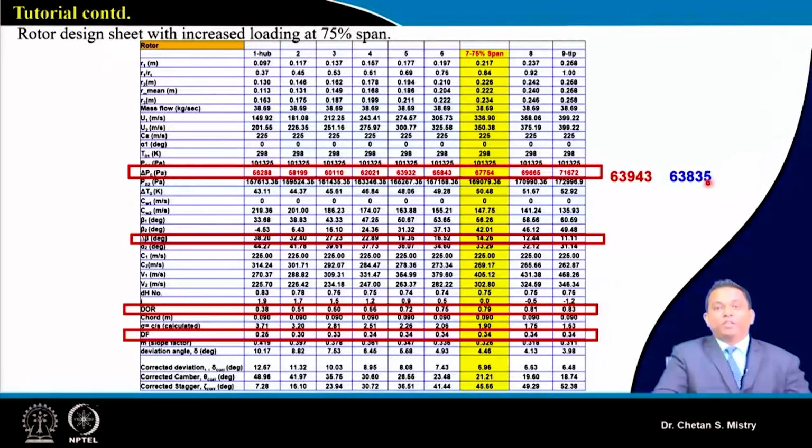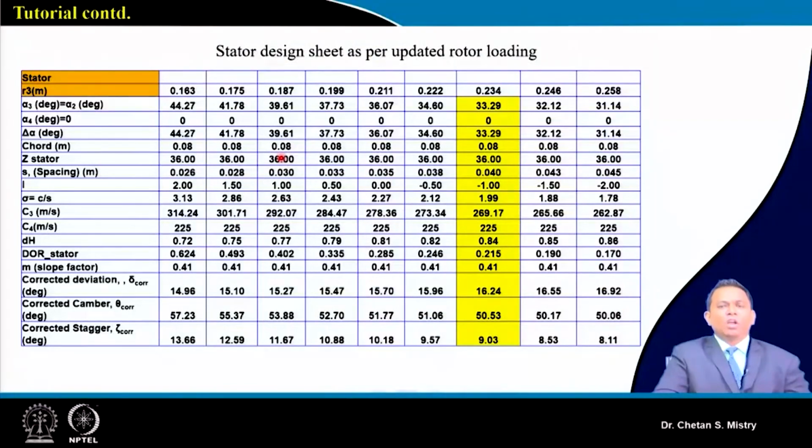Okay, so maybe when you are using your Excel sheet, on the side you can keep an eye on, say, delta beta as one of the parameters, and that will help you understand what needs to be my delta P0. Now we'll not be discussing the stator design at the hub, or the stator design at the tip, because this is known to us in the sense that my alpha 3 is equal to alpha 2, and alpha 4 we are assuming to be 0.